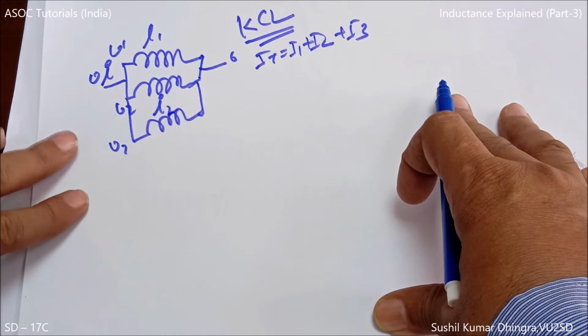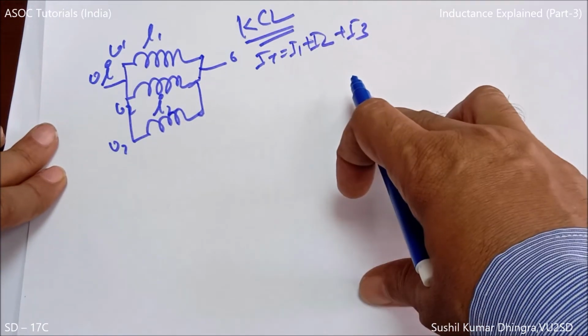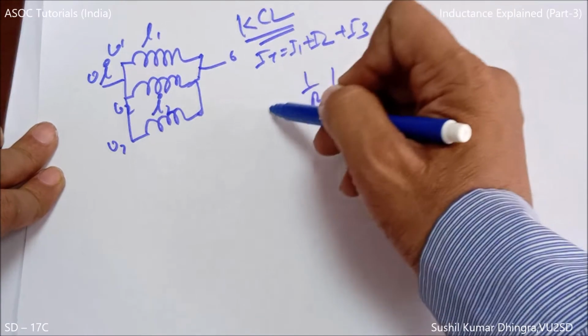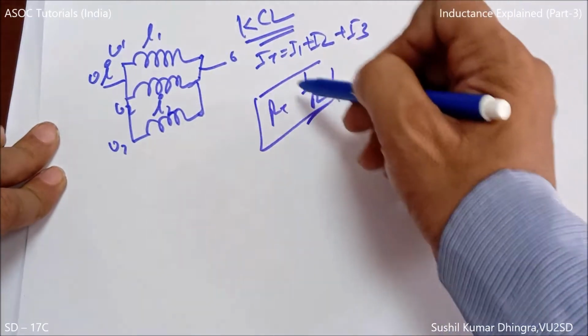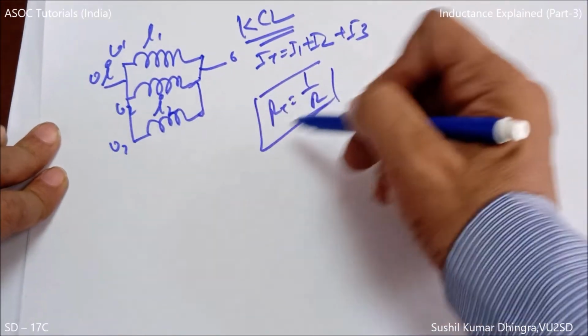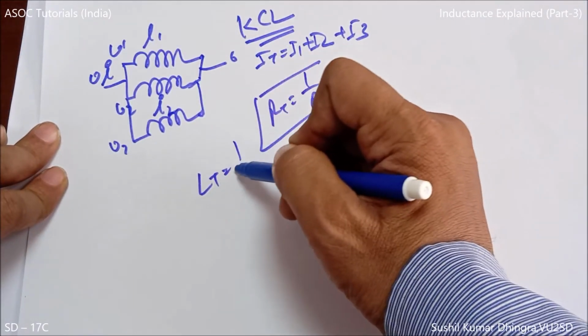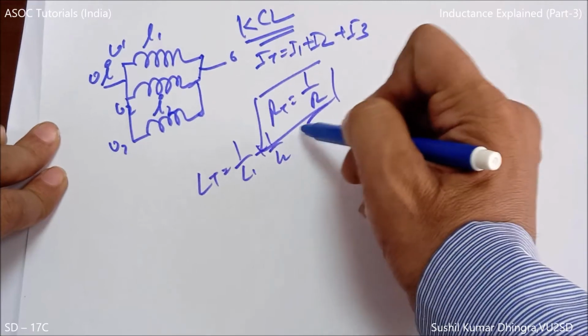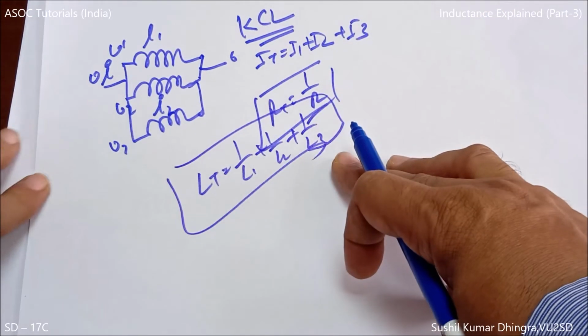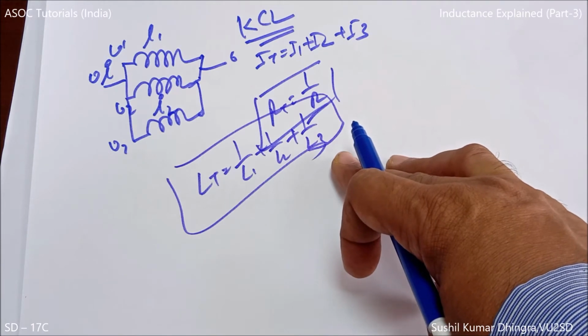Here, like the calculation for parallel resistors, where you used the reciprocal of 1 by R, you use the same way. Here for inductors, 1 by LT is equal to 1 by L1 plus 1 by L2 plus 1 by L3. Keep this in your mind.